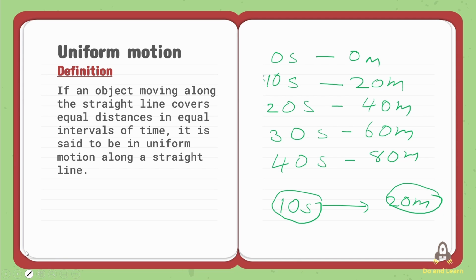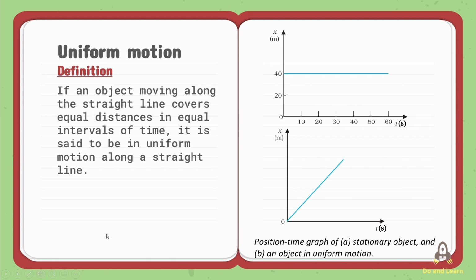We can draw a graph of it like this. In the graph, the previous example I can show here: 10 seconds, 20, 30, 40. At 10 seconds, the object is covering a distance of 20 meter, right?